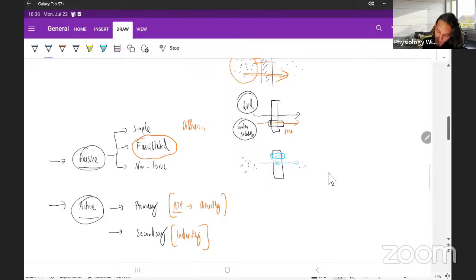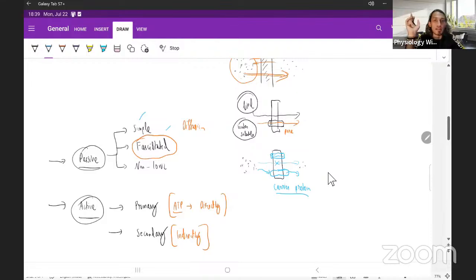So instead, it requires specialized carrier proteins, which undergo structural modifications, flip, and take it to the other side. Although this is going down the concentration gradient, it still requires a carrier protein. That is the essential difference between simple and facilitated diffusion: facilitated diffusion requires a carrier protein.